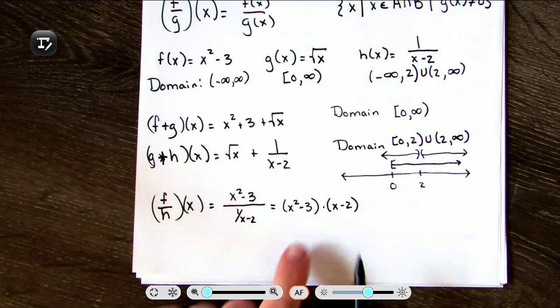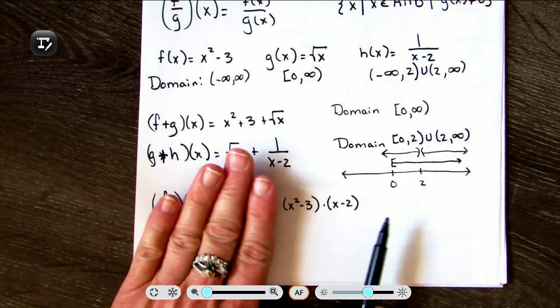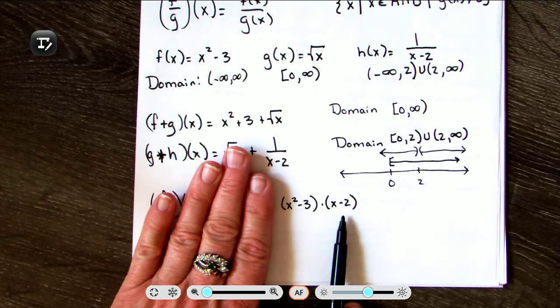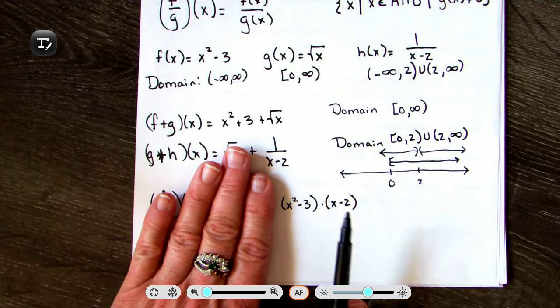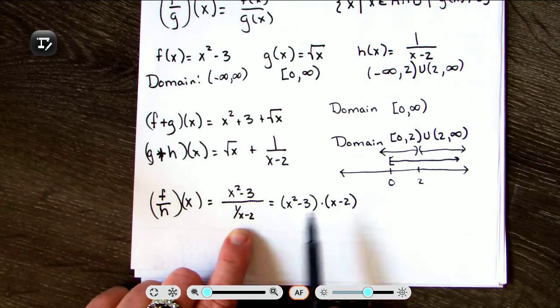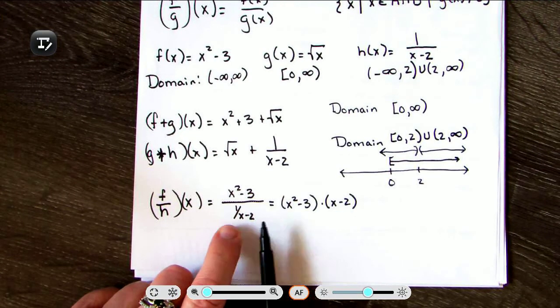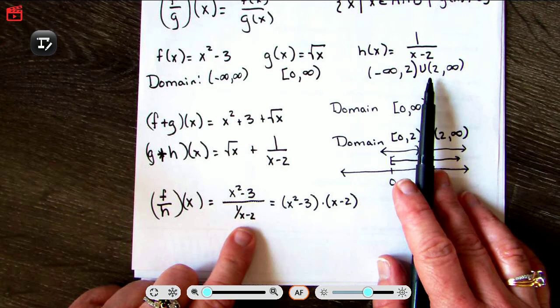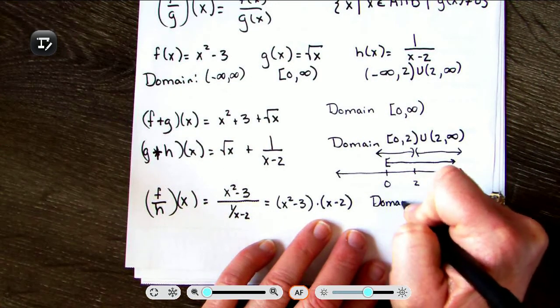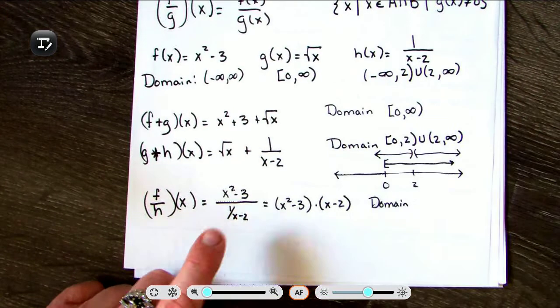Now, if we were to look at just this formula, it has no restrictions on it. However, we have to remember where it came from. It came from simplifying this. So here we had to make sure that x did not equal 3. So our domain does have to go back to those original pieces.